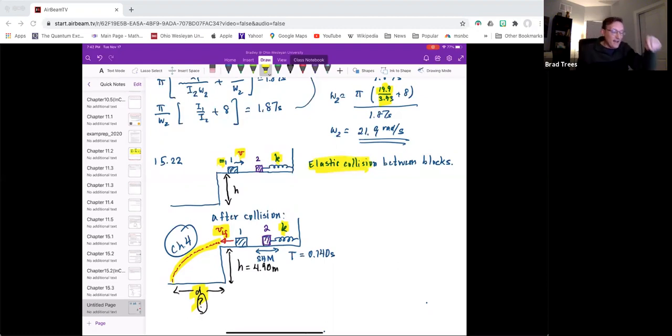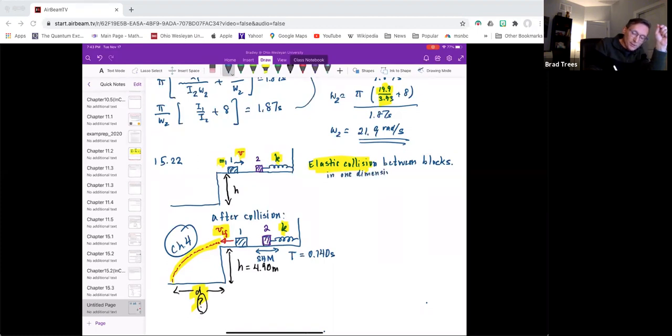And here, I'm just talking about the collision now, that's a very short period of time, a fraction of a second when the two blocks are in contact, but that's the collision. That's an elastic collision between the blocks in one dimension.